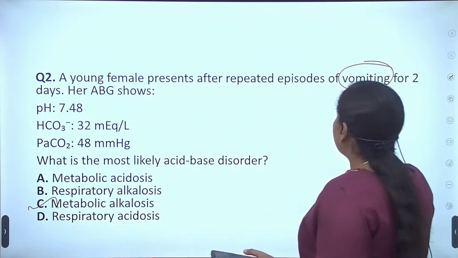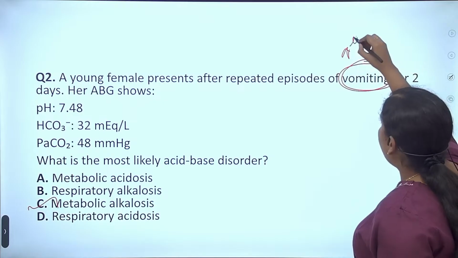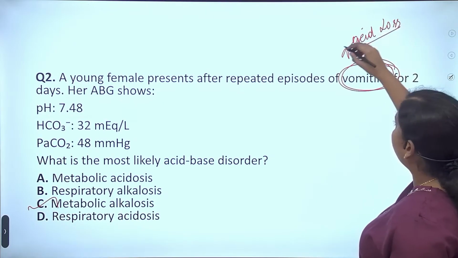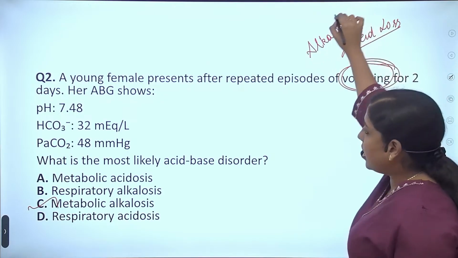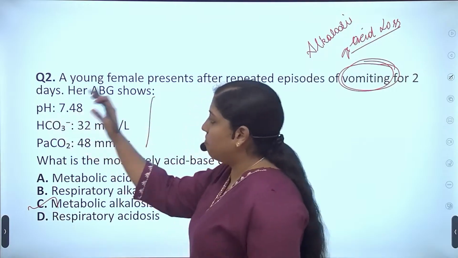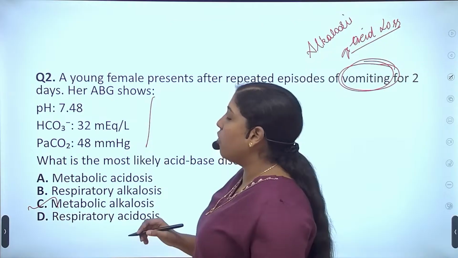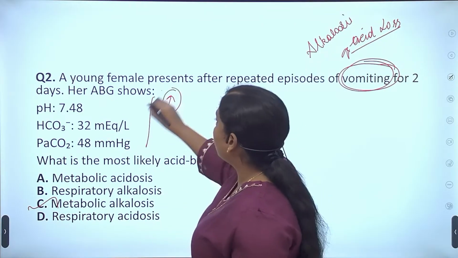So it is metabolic alkalosis. Initially you should remember that in vomiting there will be excessive acid loss, so the patient goes into an alkalosis state. Coming from the baseline data to the numerical data, the pH normal is 7.35 to 7.45, and it is increased, so alkalosis.